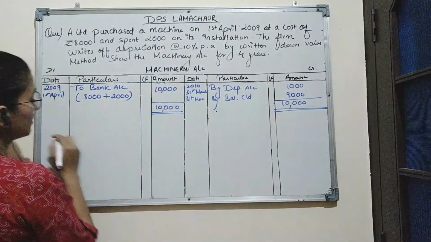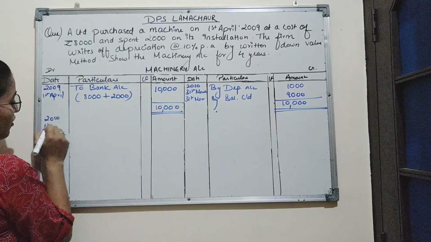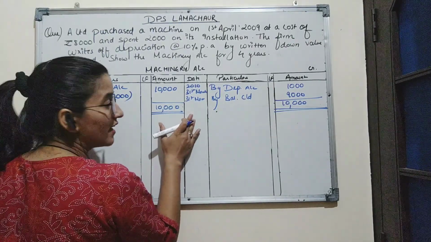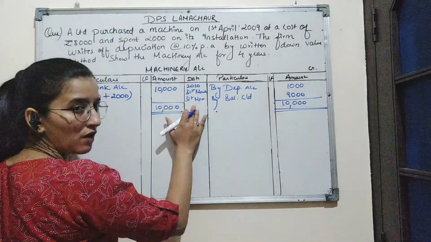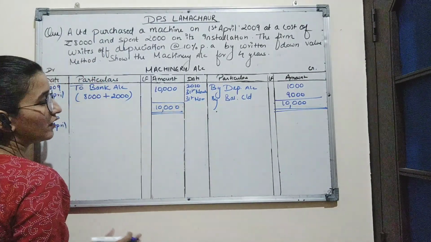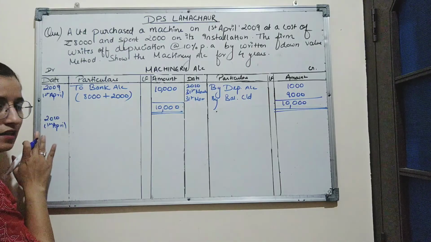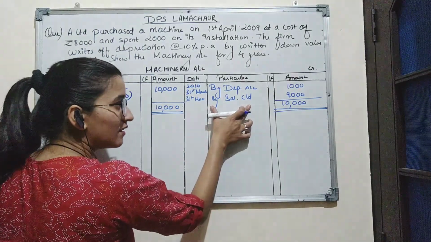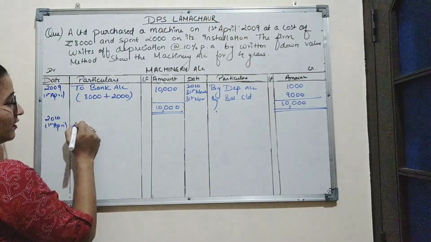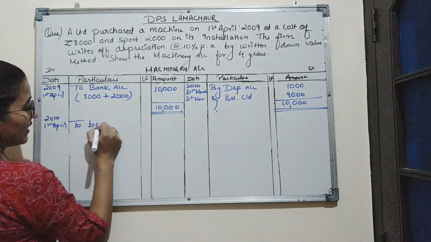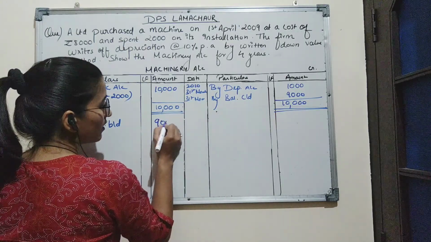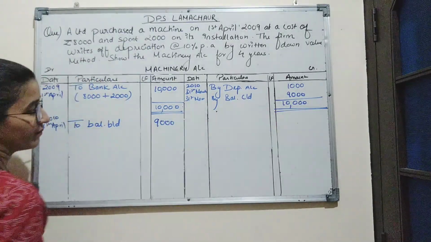This balance carried down is considered as balance brought down in the next year. As the accounting year ended on 31st March 2010, the next accounting year will begin on 1st April 2010. So we'll write it as to balance brought down, and the amount is 9,000.